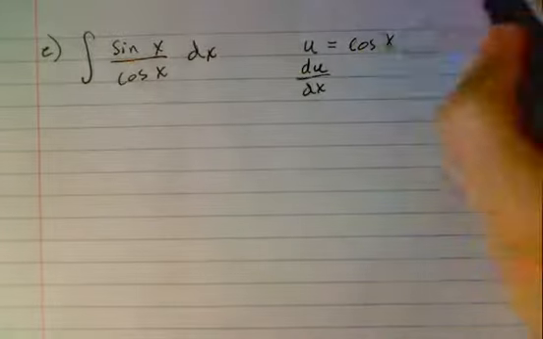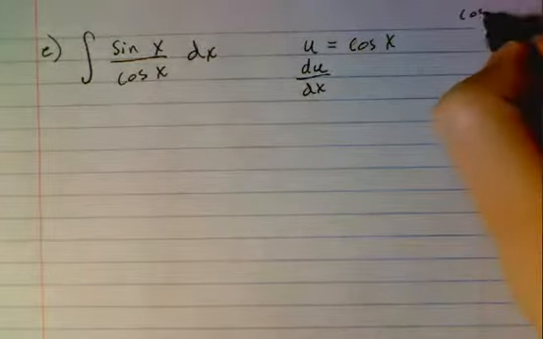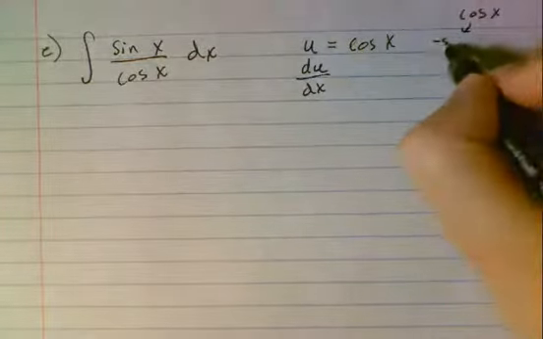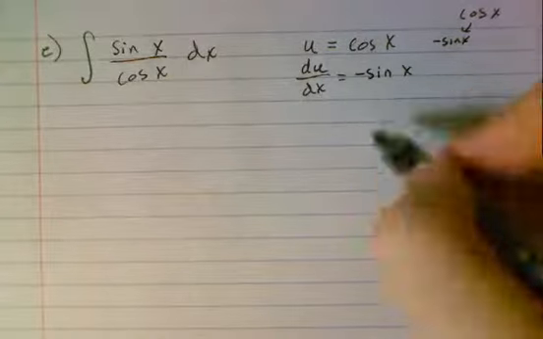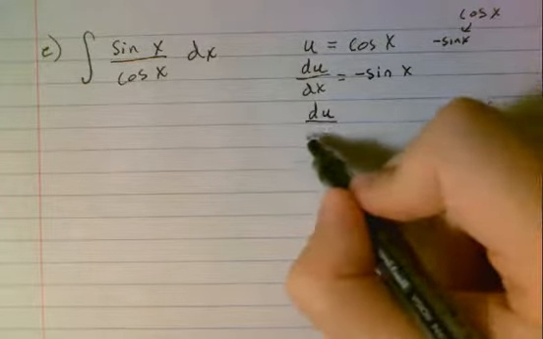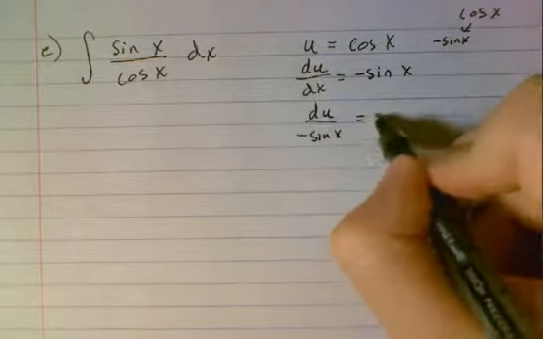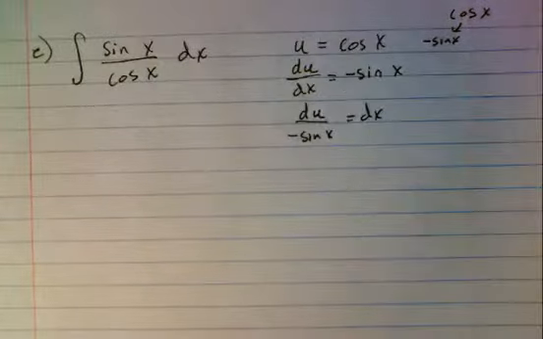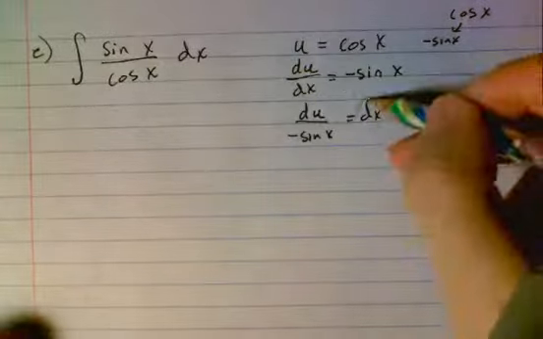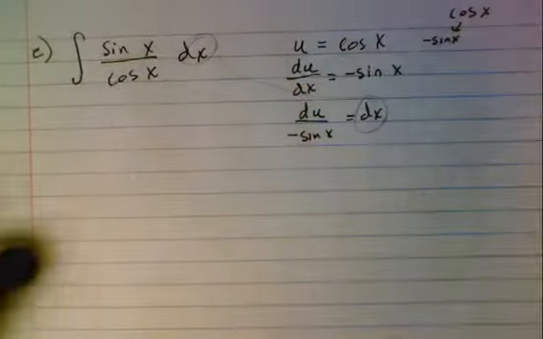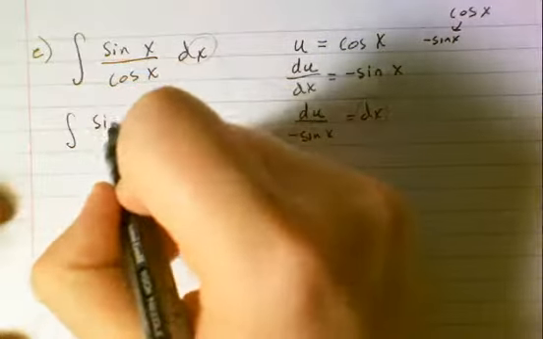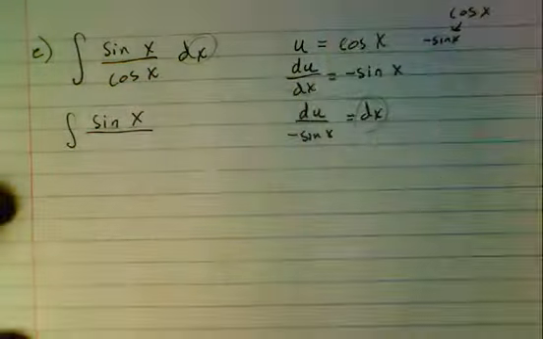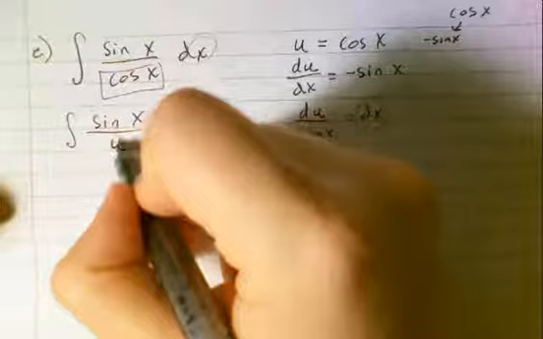So du dx, so we're doing the derivative, so that's cosine to negative sine. When we get dx by itself, we'll get that there. Now we're going to go ahead and substitute that in. So we have the antiderivative of the sine of x. Cosine of x was our u.